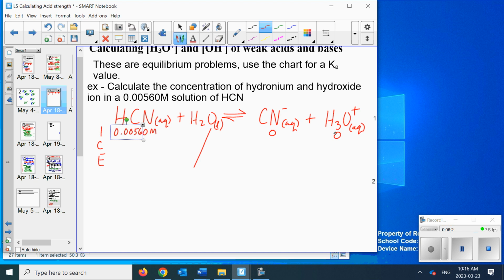It's a 1-to-1 ratio between HCN and H3O+, as well as the cyanide, CN-. So if one HCN breaks up, you get one CN- and one H3O+. If X moles of that break up, it's minus X, and we get plus X. We know that 0 can only go up, so that works. We do the arithmetic for the equilibrium line: 0 plus X.